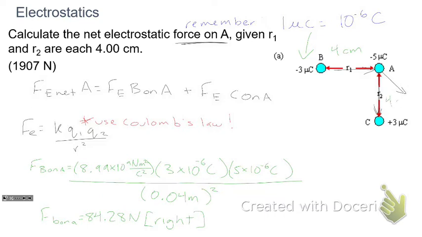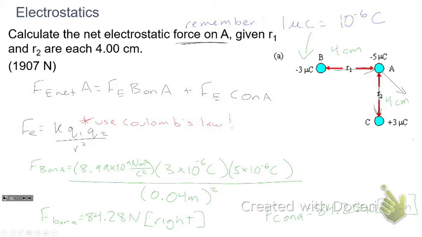Then you do the same thing for the next one. This is 4 centimeters, and our charges are the same, 5 times 10 to the negative 6 and 3 times 10 to the negative 6, other than it pulling down, so we should get the exact same number. So the force of C on A is going to be 84.28 newtons down.